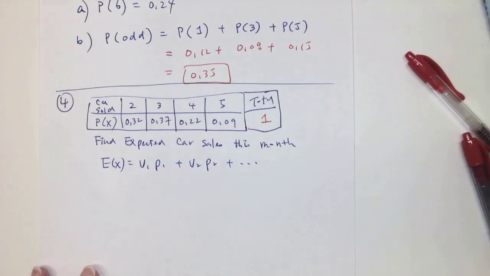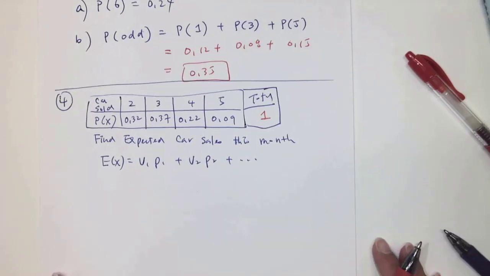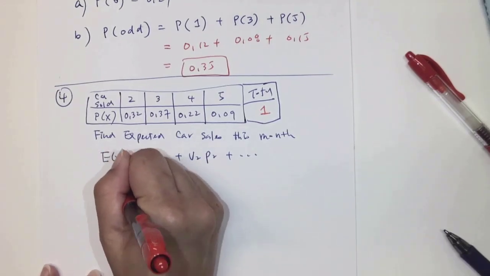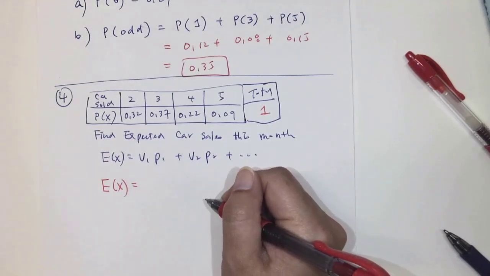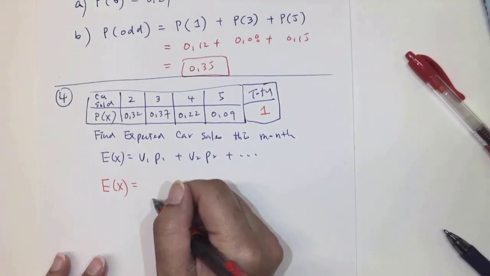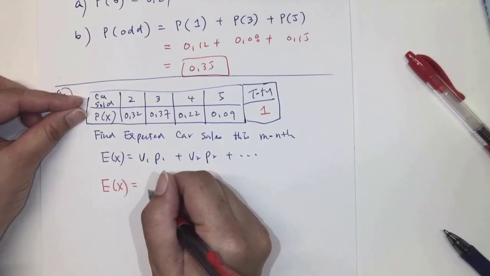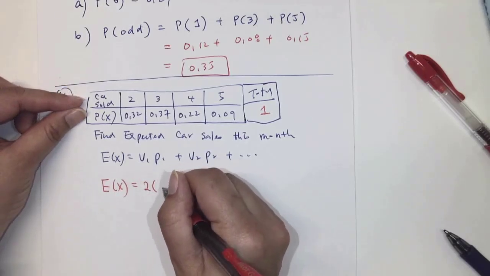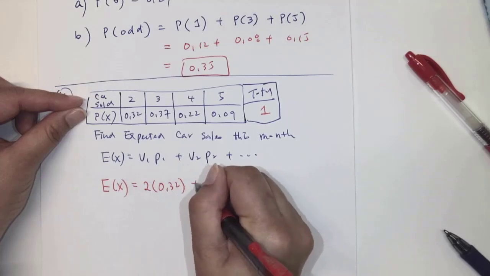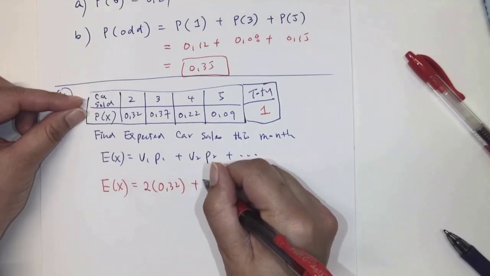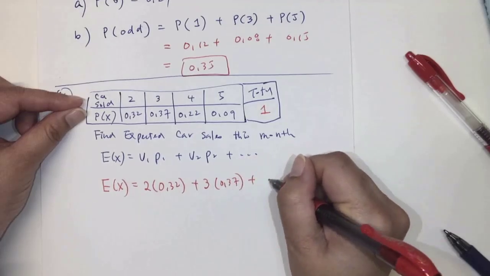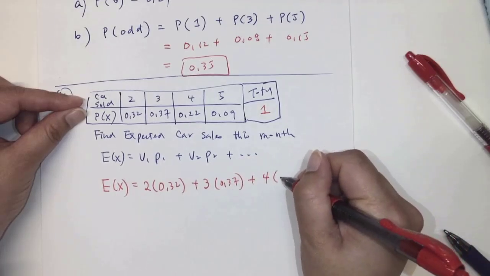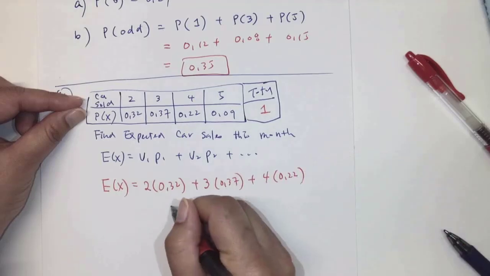Depending on how many you have, you just keep doing it, right? So for this particular one, the expected value, we are going to do what? The value for the first one is how many cars? 2 cars, probability is 0.32, adding 3 cars times 0.37, adding 4 cars times 0.22, adding.